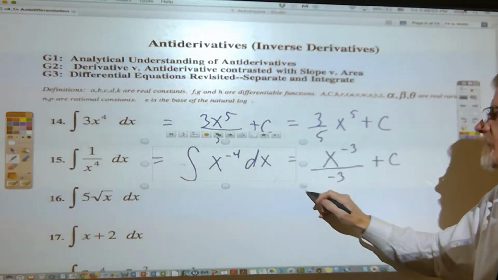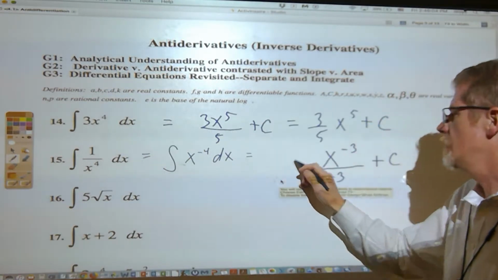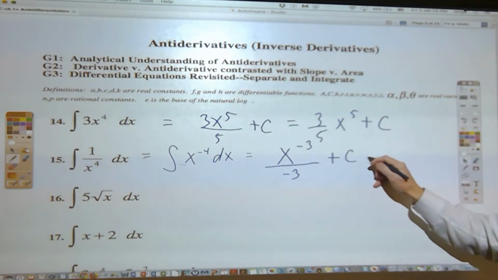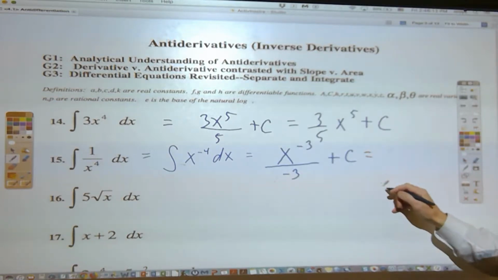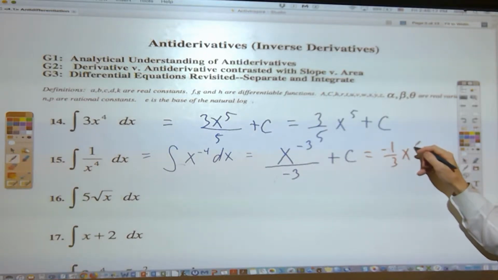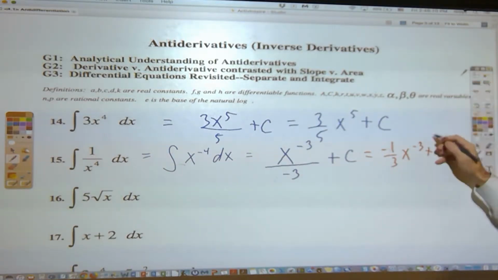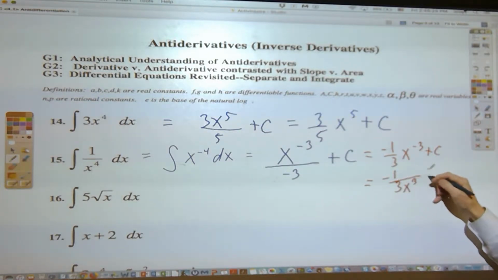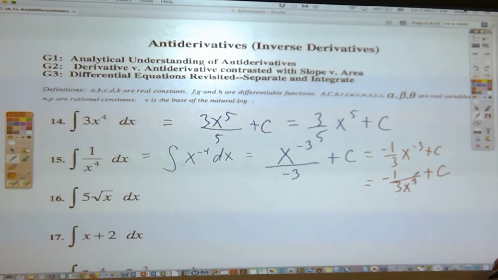It will probably be rewritten either like this, which I have here in red, as negative 1/3 x to the negative 3 plus c. Or it'll be written as negative 1 over 3x cubed plus c. So either this or that are more likely to be the representations of the answer in a multiple choice setting.